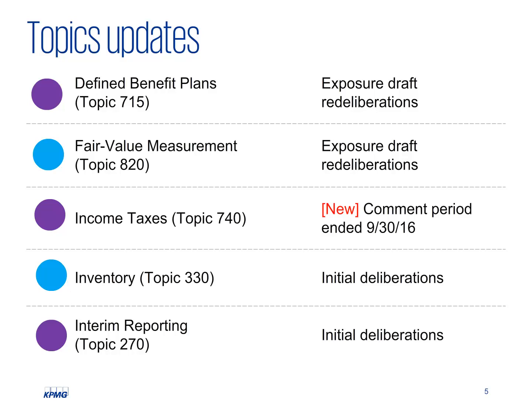So at least for the exposure draft for defined benefit plans, it proposed to remove and add certain disclosure requirements. The FASB received 32 responses to the exposure draft. Also for the exposure draft for fair value measurement, it proposed to remove, modify, and add certain disclosure requirements as well.